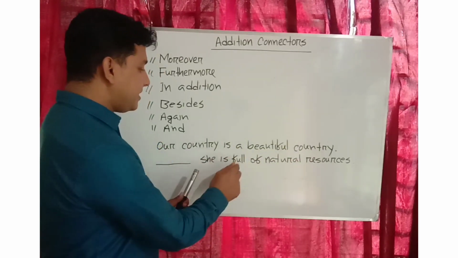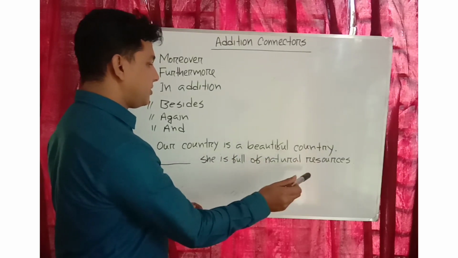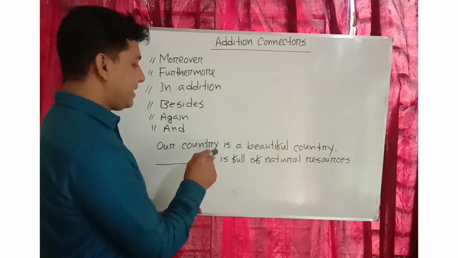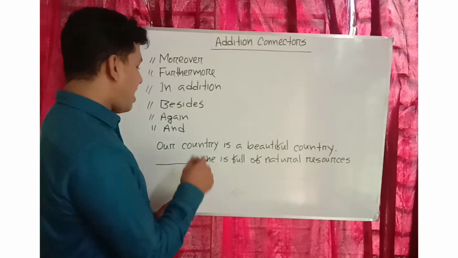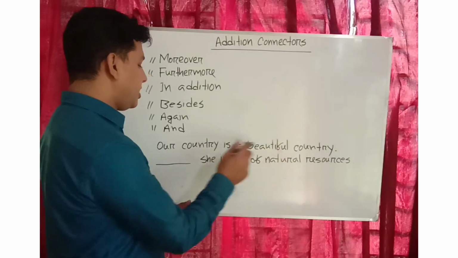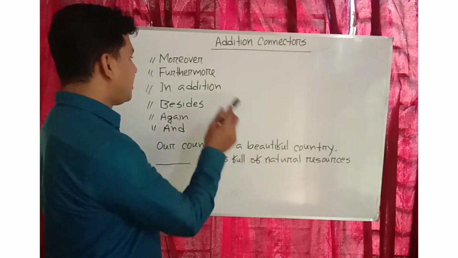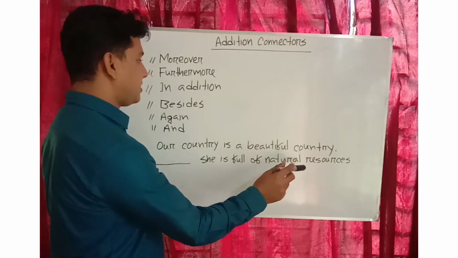So this sentence, she is full of natural resources, is a supportive sentence of the previous one, and it is giving us more information about our country. So, our country is a beautiful country. Moreover, she is full of natural resources. Furthermore, she is full of natural resources.